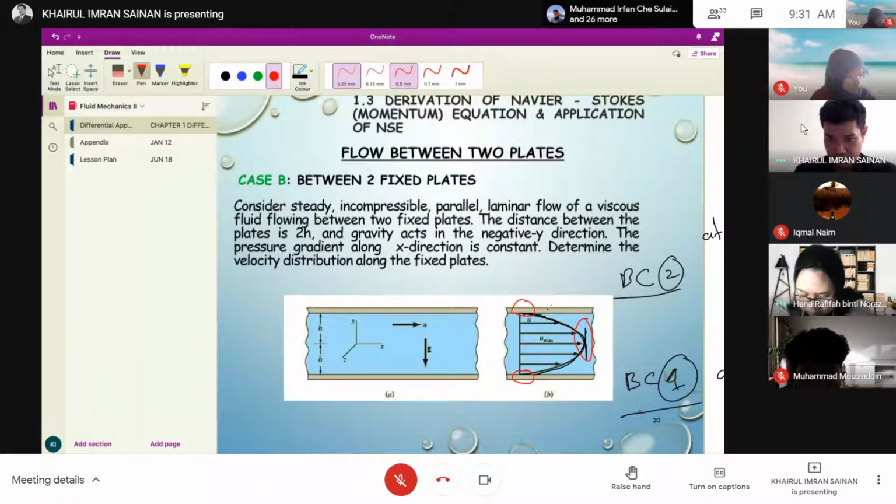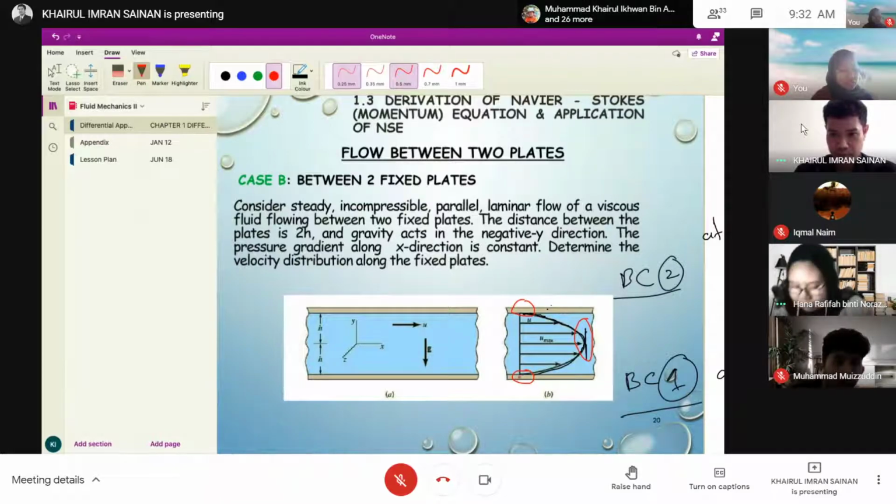And then u equals to what, at the bottom here?